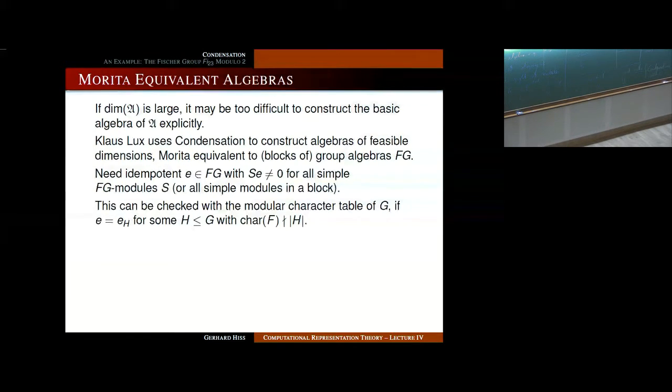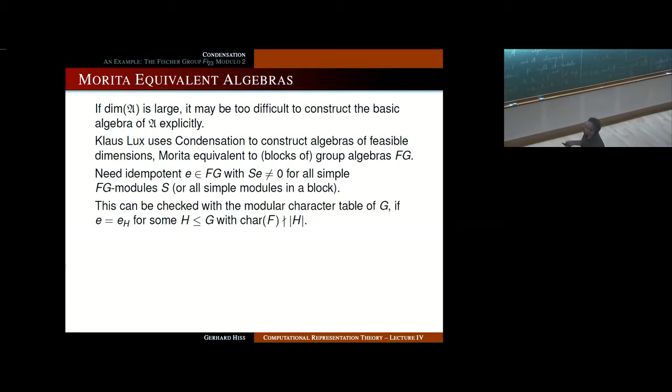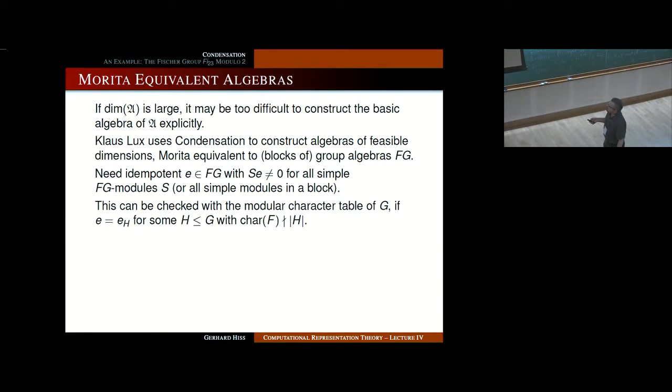You see, if you have a subgroup H whose order is not divisible by the characteristic, and you take e to be the trace idempotent, and you have the Brauer character of a simple module S, it suffices to restrict this Brauer character to the subgroup H and compute the scalar product with the trivial character.